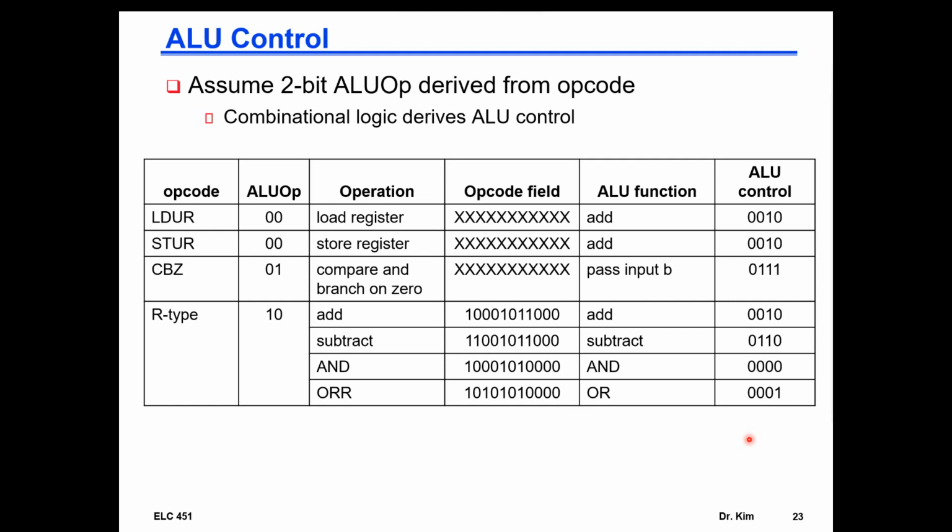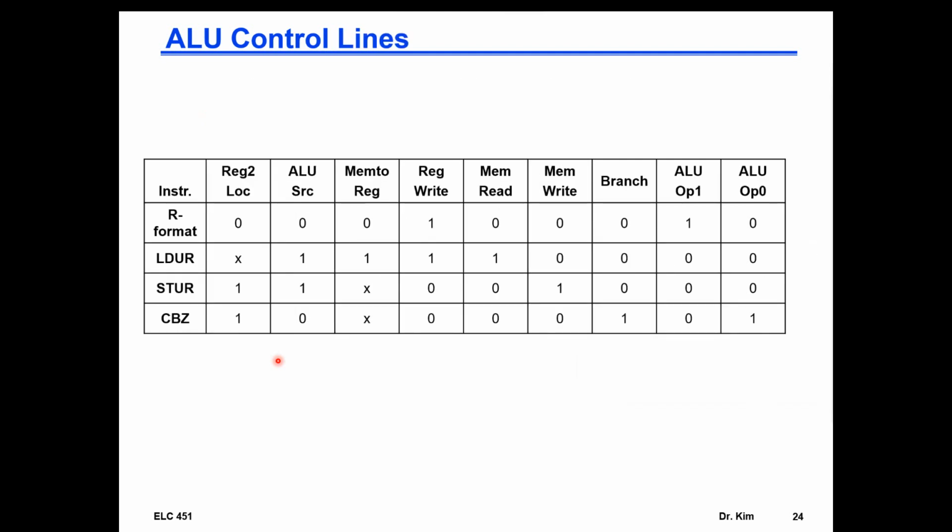The main controller is going to be generating these 2 bits plus all the other control lines for the data path. And the truth table for that main controller is going to be this one. Here we have all the outputs of the main controller.